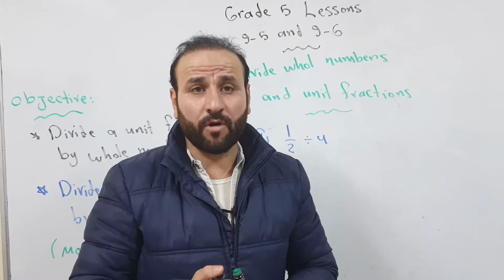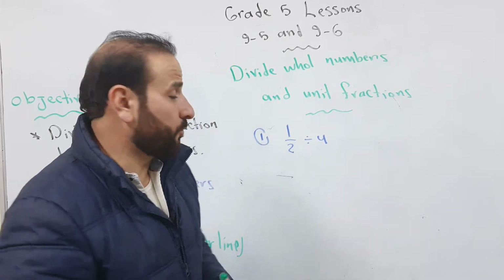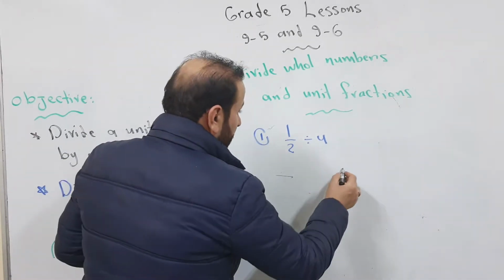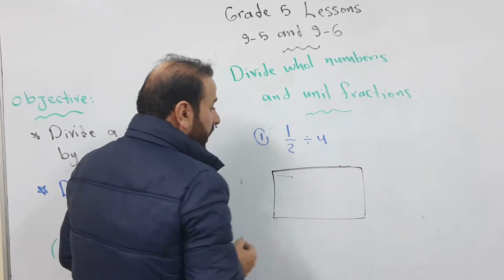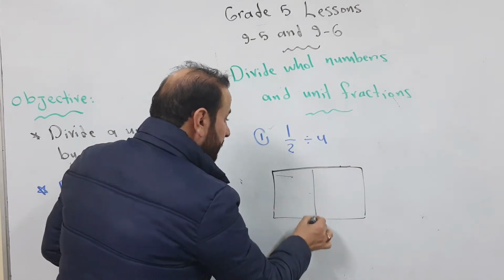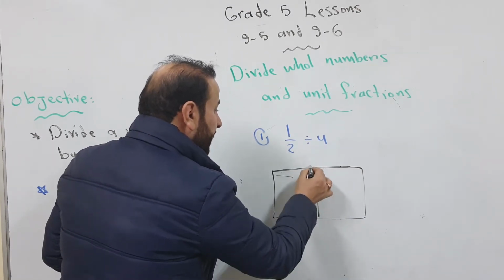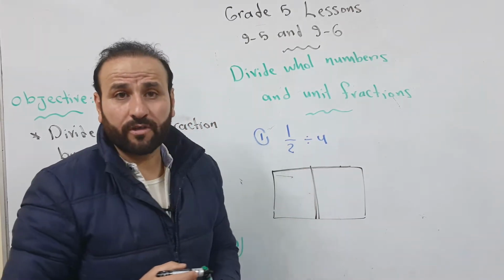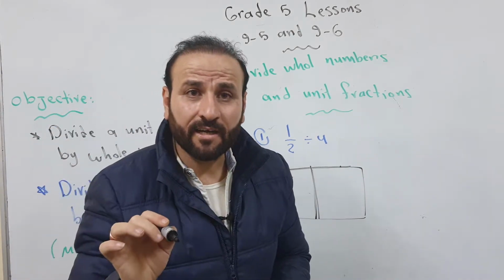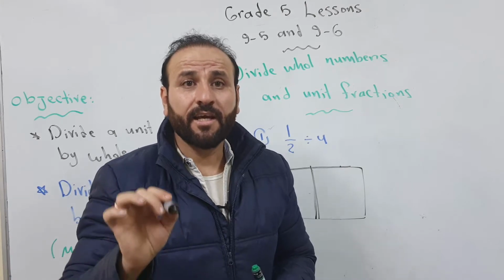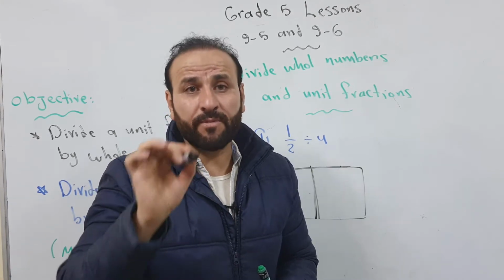Half divided by 4. Let me suppose that we have a rectangular pizza. I want to divide half of the pizza into 4. I want to know what fraction of the whole pizza each one will take, not what fraction of the half of the pizza.